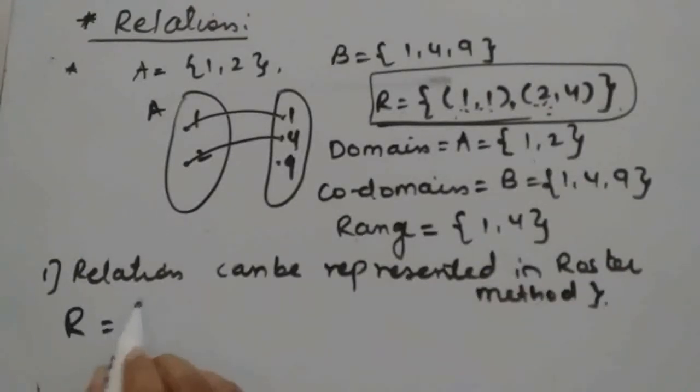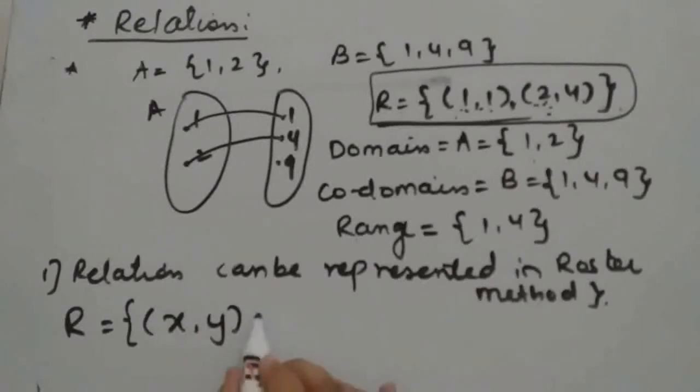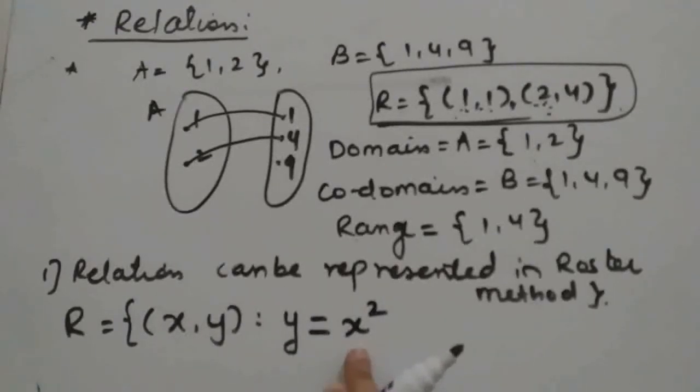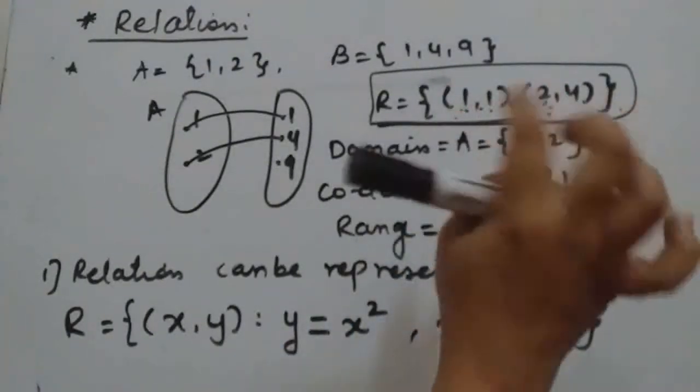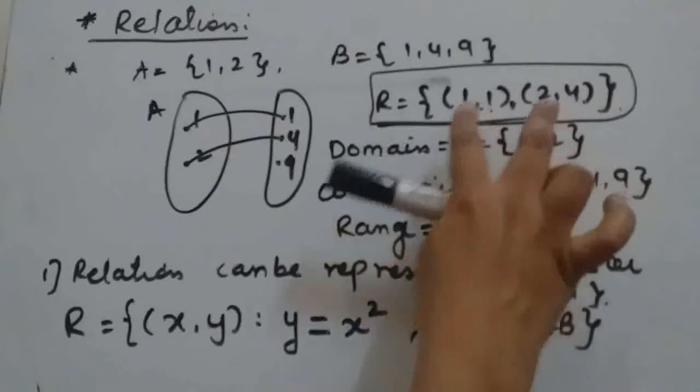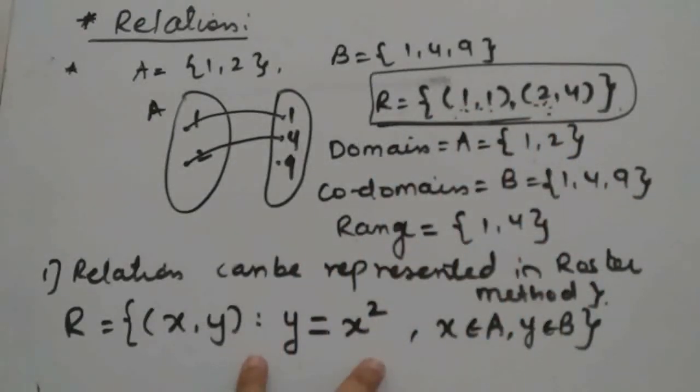R is a set, where the elements will be ordered pairs only, where the second element is the square of the first, that is y equals x squared, where x belongs to A and y belongs to B. So this is the roster method where we listed all the elements of R, and this is the set builder method where we wrote the common property possessed by each of the elements.